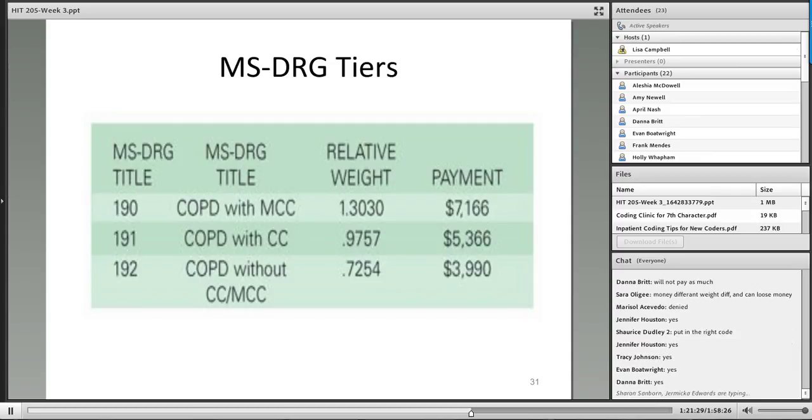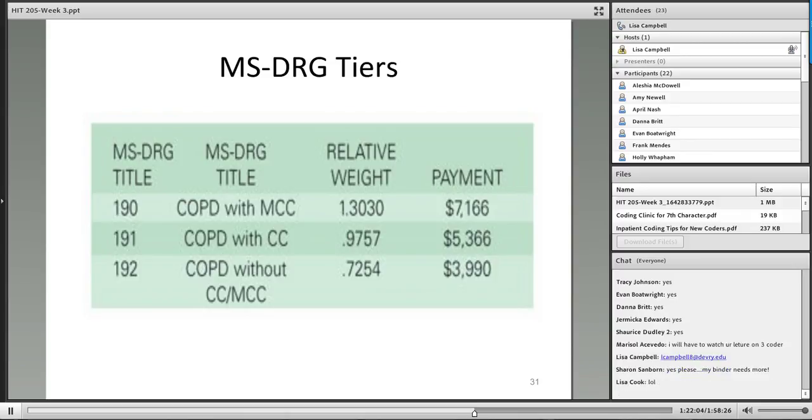Now, you know, for those of you overachievers, if you want a list of which codes are CCs and MCCs, I can send one to you. You can send me an email. I'm going to put my email address in the chat box. You can send me an email, and I'll send you the list, but I will tell you, it's a lot of more paper, and I personally don't have the list printed out, okay?